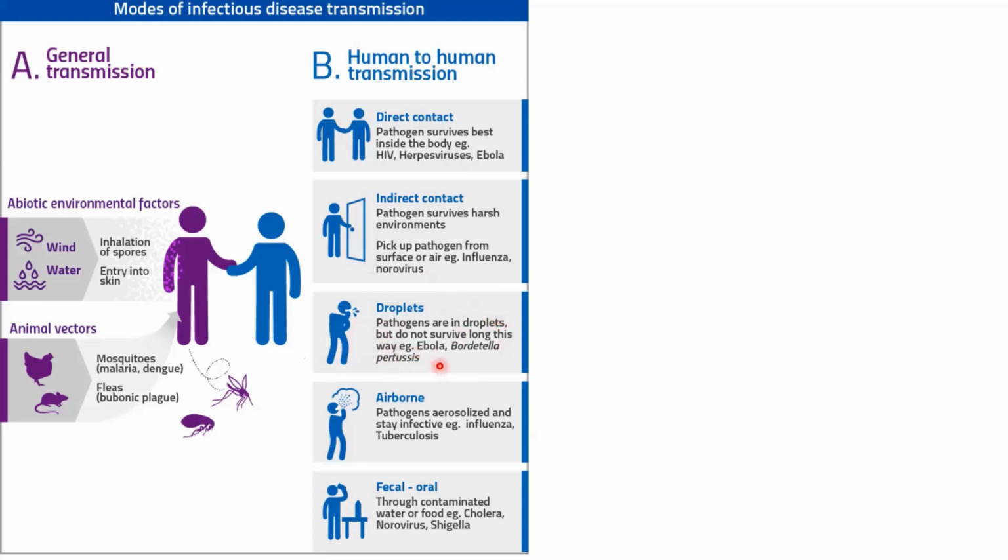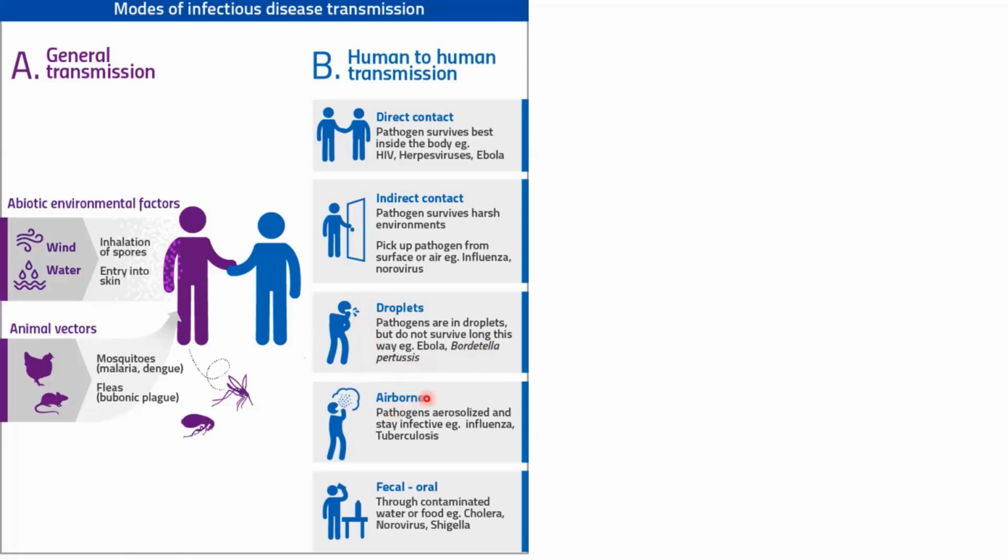These kinds of pathogens do not live long. Only if you are talking and the person is in front of you can he or she get infected. Otherwise, if the pathogen goes into the air, it will die in a few minutes, right? These are some other examples of the droplet mode of transmission.